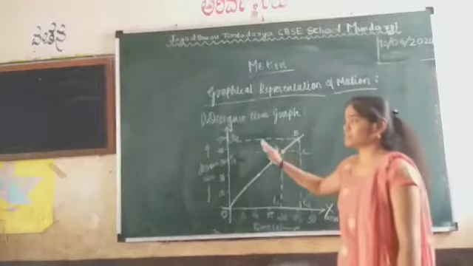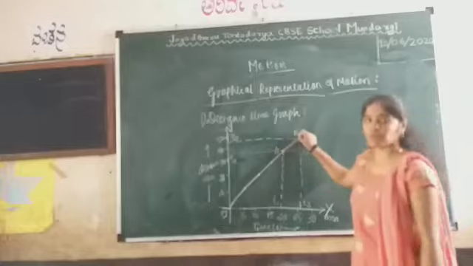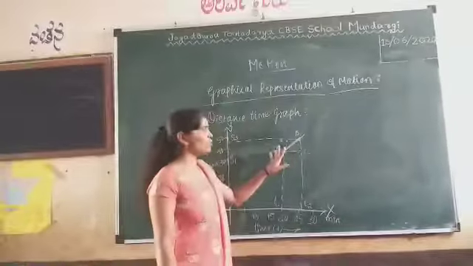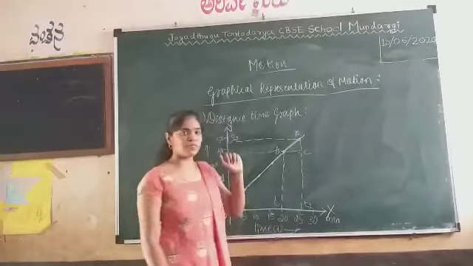In this distance time graph, we are going to calculate the distance from A to B. To do that, we have to draw lines parallel to the x-axis and y-axis.